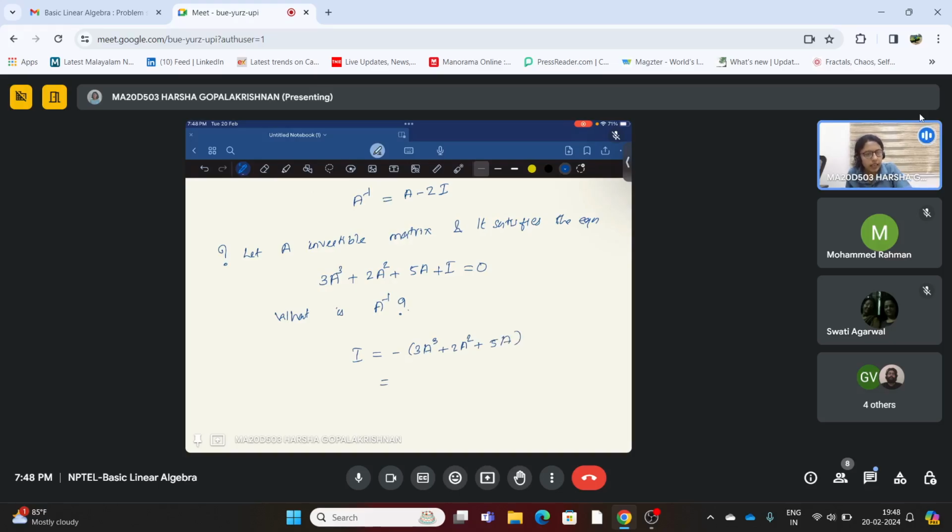From this we can take A outside, or directly you can multiply by A inverse, that is also possible. Taking A outside, we get minus (3A square plus 2A plus 5I) times A. So this is our A inverse.